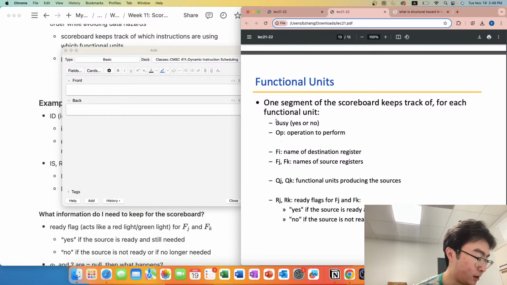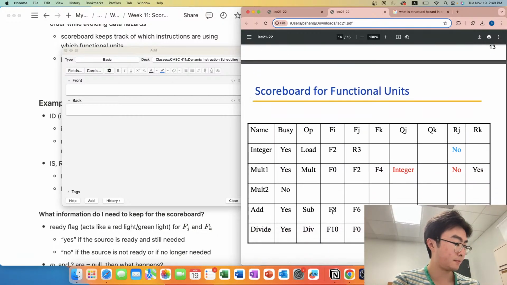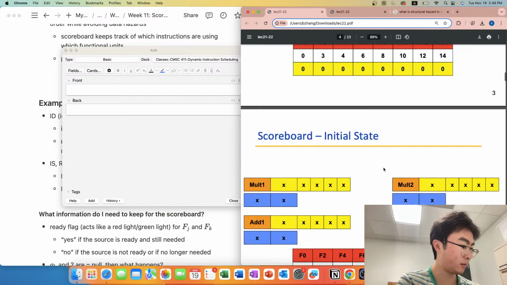Okay, and then these are the different parameters we need to keep track of, which I think is very similar to this unit.